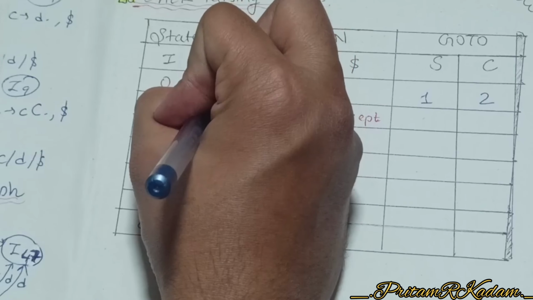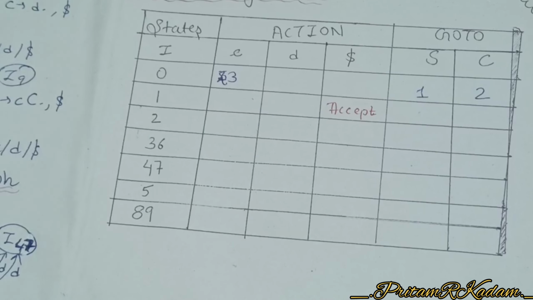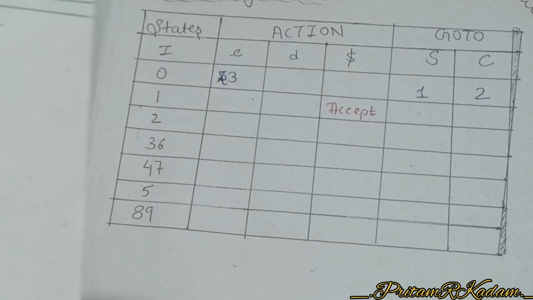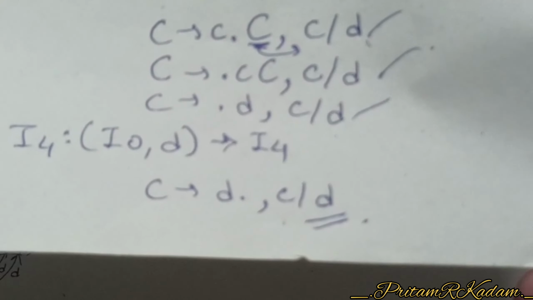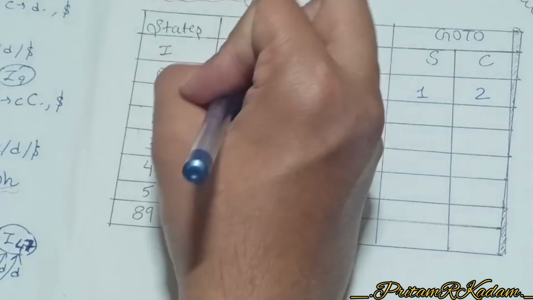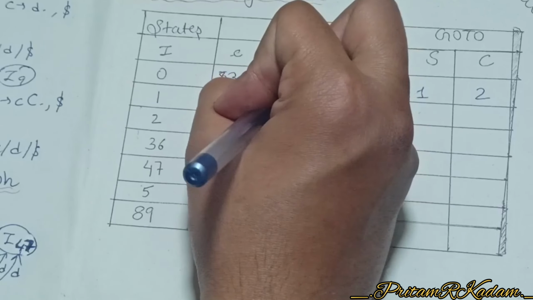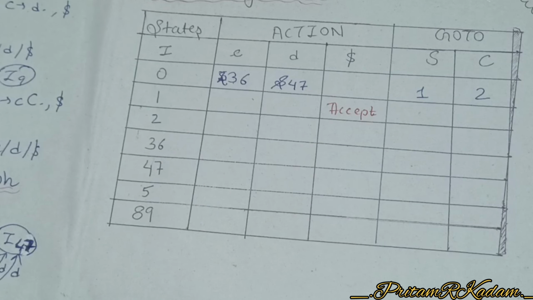So if it was I0 on C goes to the I3 state, we will write S3. Now I0 on D goes to the I4 state, so we will write S4 over here. But you must never forget that you have combined the I4 state with I7 now, so we always have to write it as S47 in this cell.